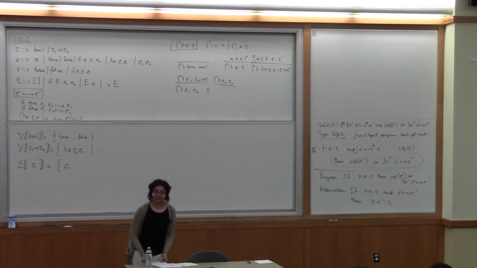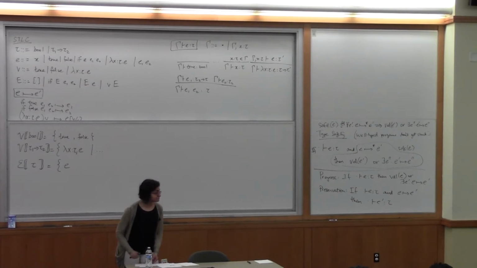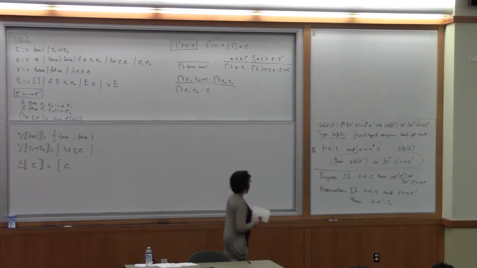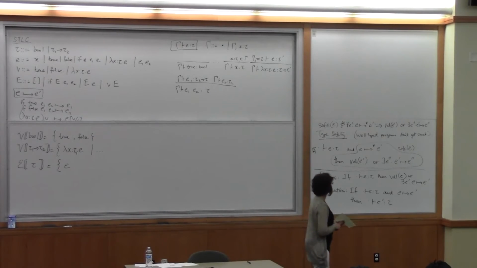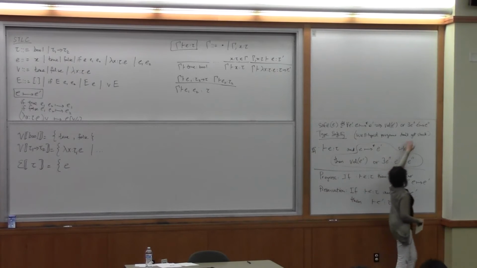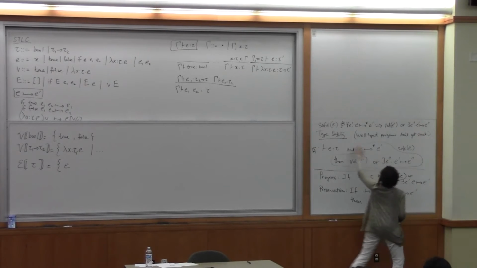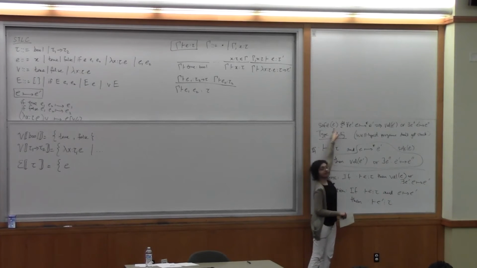Any other questions along these lines? So the definition of safe, does it include the typing judgment? In the definition of safe, you do not need these things. Actually, nowhere in safe do I even say that this E has type tau.